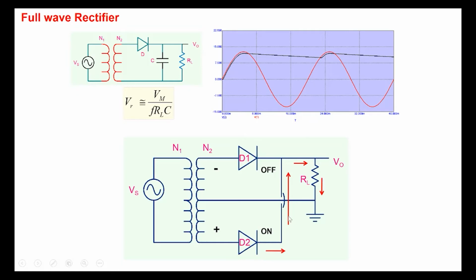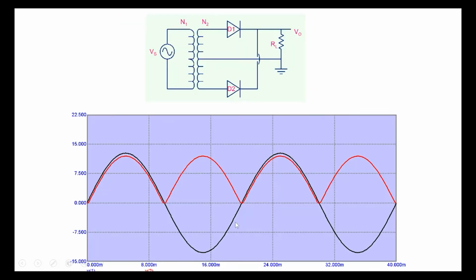And the voltage V0, if we assume the diode drop to be negligible here, will be nothing but the voltage at this particular node here, right? Which is equal to the negative part here, right? So this is what we obtain. This is the input sinusoid here in black, and in red is what we have shown as the output at this particular point here. And this is what we call full wave rectification.